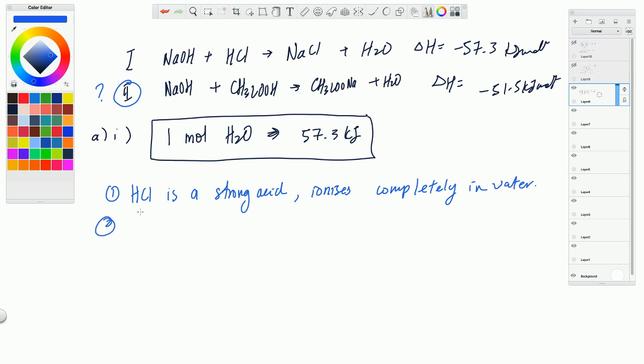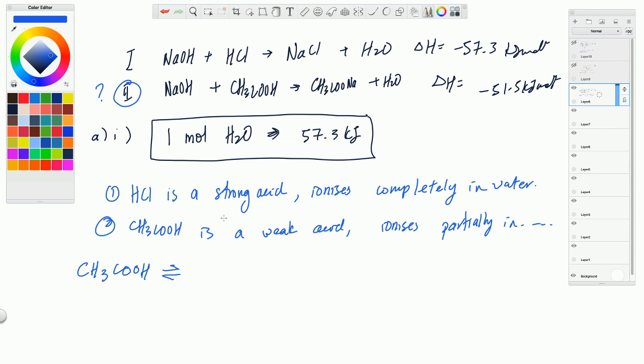Okay, ethanoic acid, just the other way around, is a weak acid, and therefore it ionizes partially in water. Now, because it ionizes partially, here's the part that you have to understand.